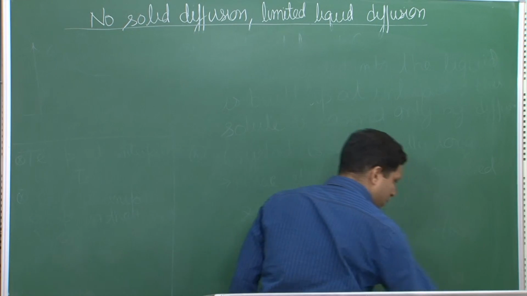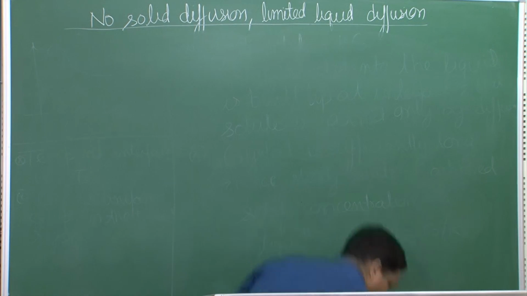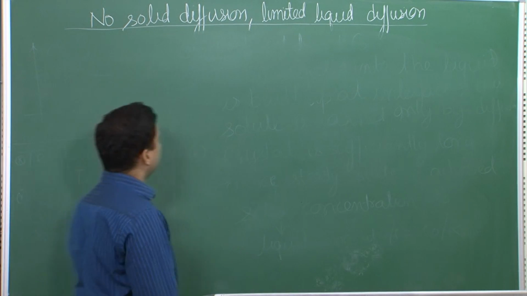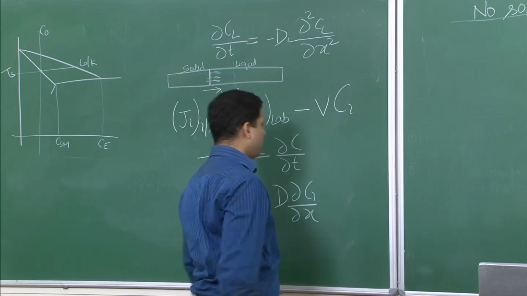In the moving interface reference, the flux is usually smaller, which is what is given over here.